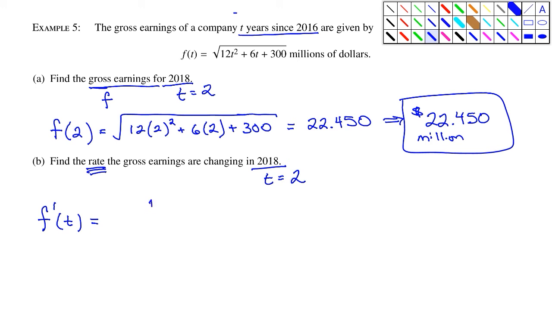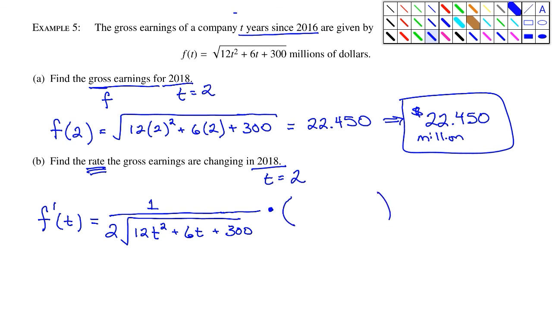The derivative of a square root function is 1 over 2 times the square root of 12t squared plus 6t plus 300, the inside staying the same, times the derivative of the inside. So the derivative of 12t squared plus 6t is 24t plus 6.